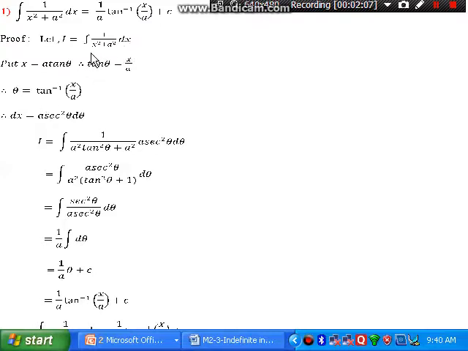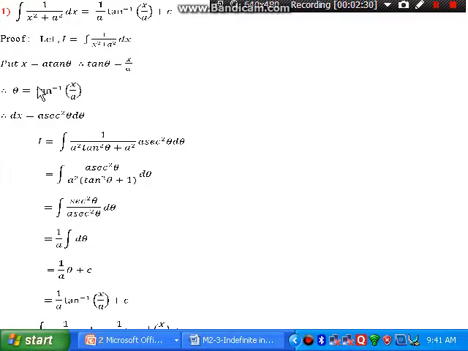Now firstly we have to put, you can see here, that is x square. So first step we have to put x is equal to a tan theta. Okay, so we write x is equal to a tan theta, that is tan theta is equal to x upon a.